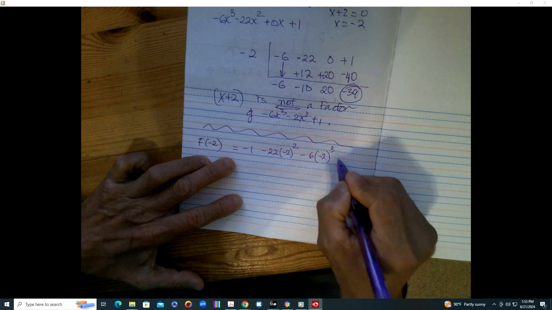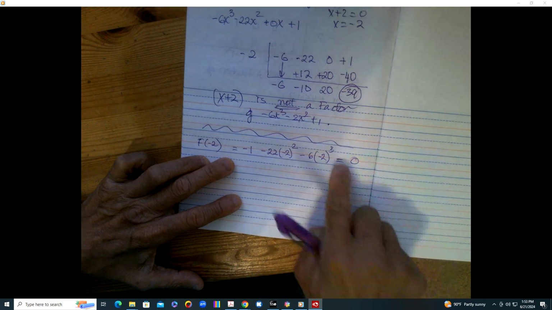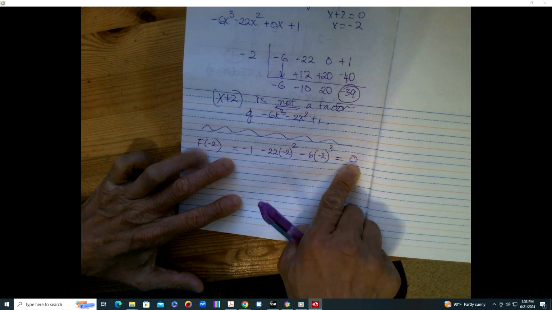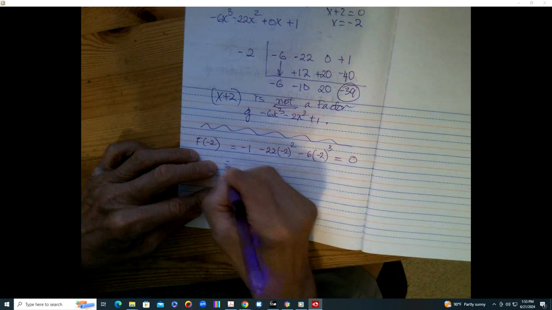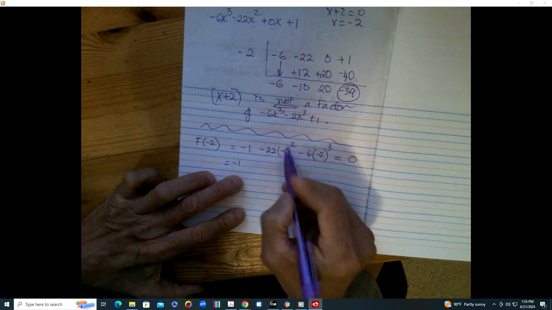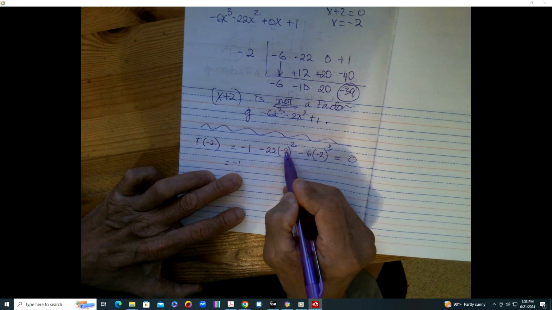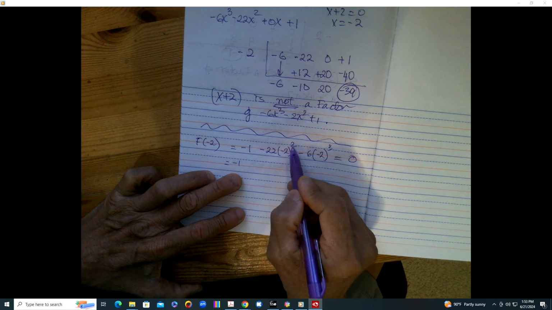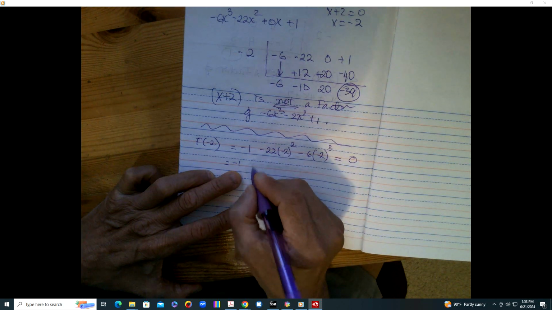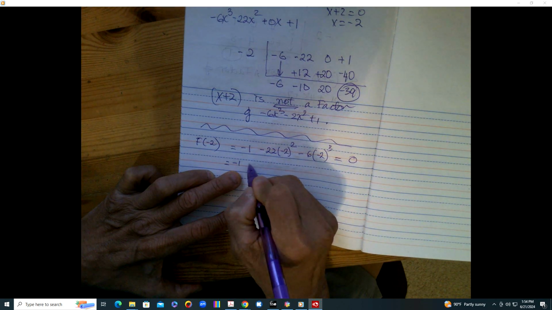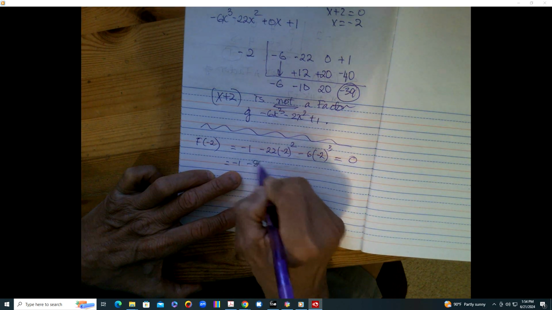Okay, and the remainder should equal 0. If the remainder is not equal 0, then we know it's not a factor. So we're going to test it out. Negative 2 times 2 to the 2 is 4. 4 times negative 22 is negative 88.